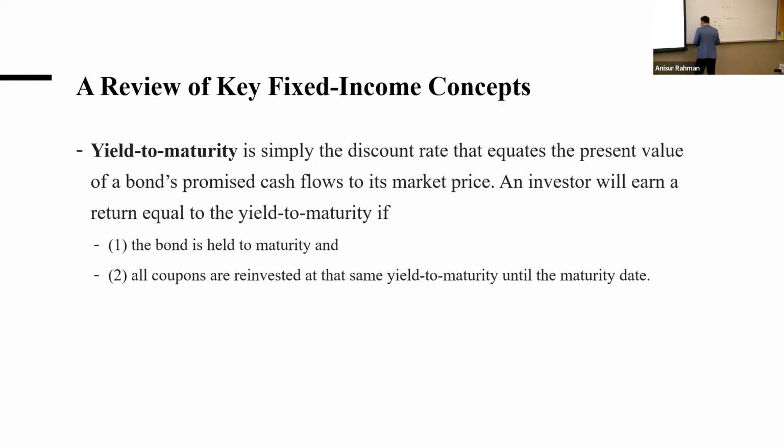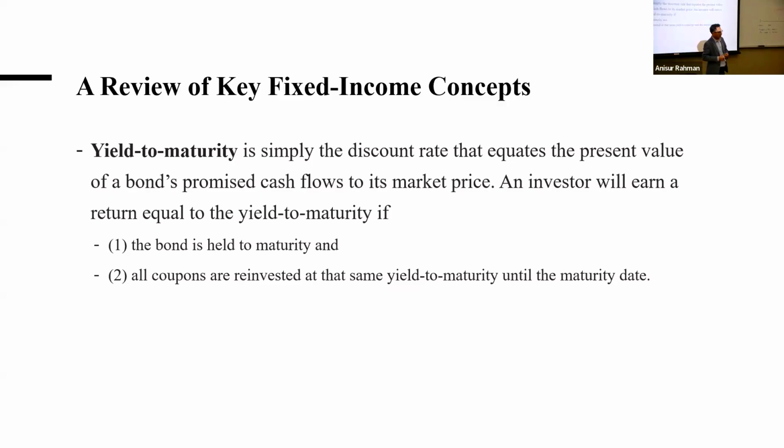Let's say the price was 1,000. If the price is also 1,000, what kind of bond is it called? Par bond or par value bond, right? And that happens when the market interest rate coincides with the coupon rate, right?